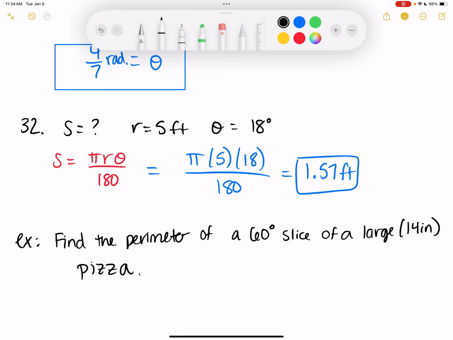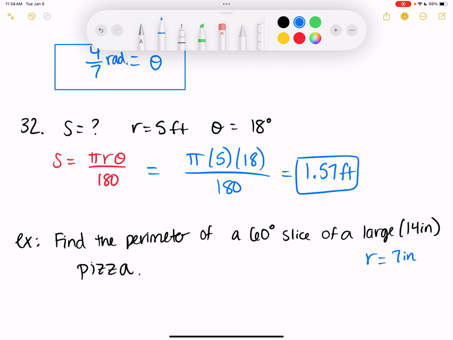Anytime you are given the dimensions of a pizza and they tell you a large pizza is 14 inches, they mean the entirety of the pizza. That's not half the pizza, that's the diameter. So what does that mean my radius is? 7 inches. Yep, 7 inches.